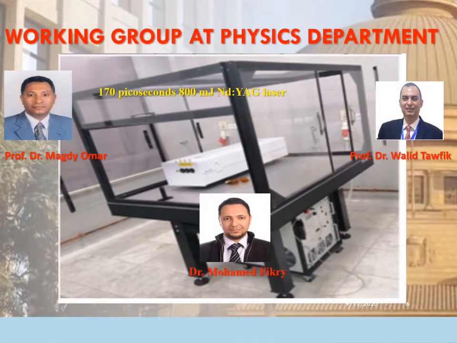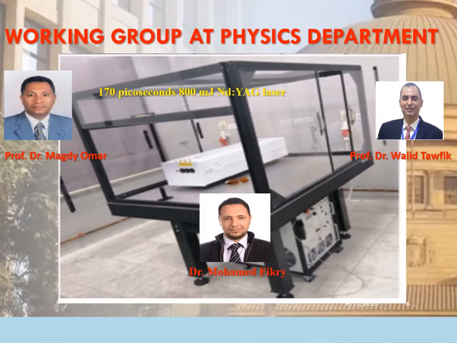The new ultrafast laser spectroscopy group is in collaboration with Professor Magdi Omar and Dr. Muhammad Fikri. In this laboratory we have an ultrafast laser pulse with a pulse duration of 170 picoseconds.